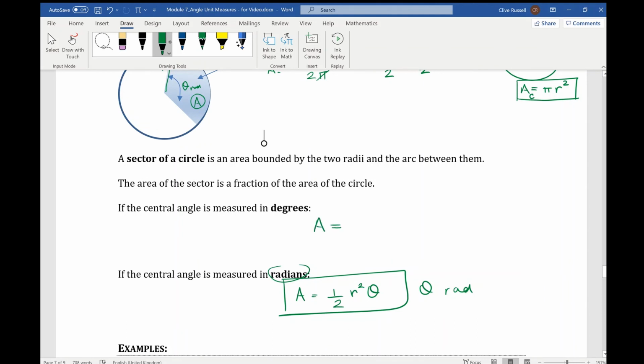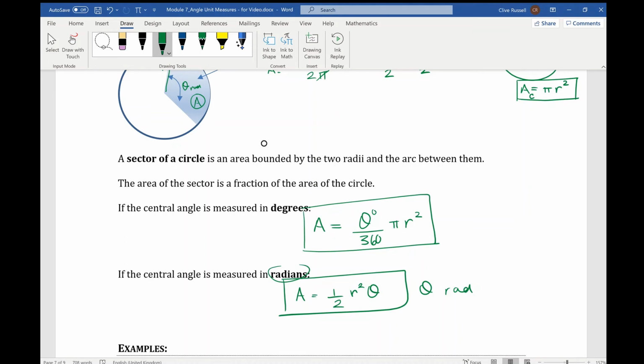The area is going to be theta degrees divided by 360 times pi r squared. And you can see where this is coming from. It's the fraction theta over 360 of the whole area. So either of those would work.